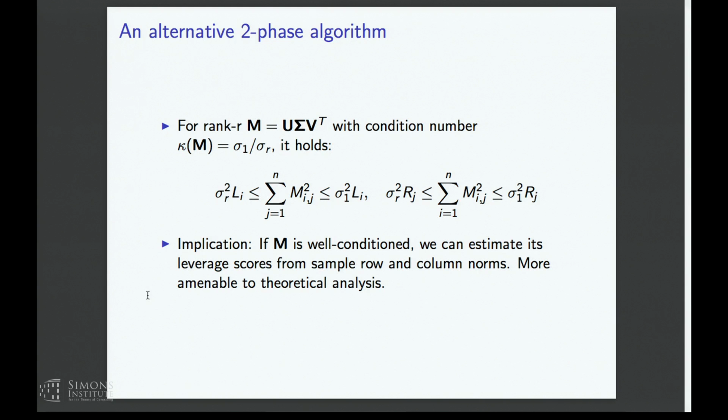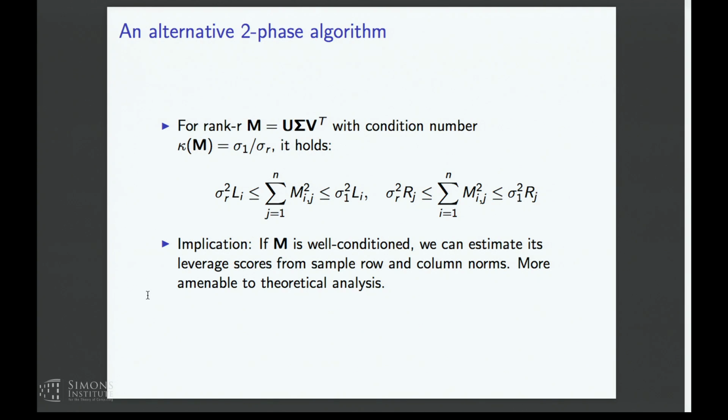So we looked at a different algorithm that's simpler to understand, at least for me, but not really the algorithm that you want to use. So keep that in mind. If we have our low rank matrix, our rank R matrix M, and now I'm bringing the condition number into the talk, which I didn't want to, but alas, the condition number, the ratio of the largest over the smallest singular values of the matrix, then there's a relationship between the squared L2 norm of the ith row of the matrix and its ith leverage score.